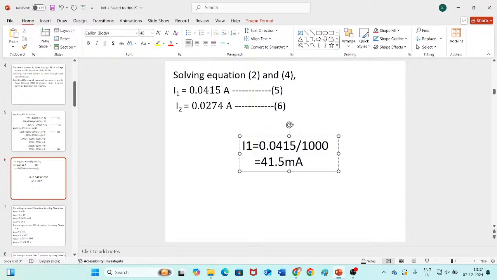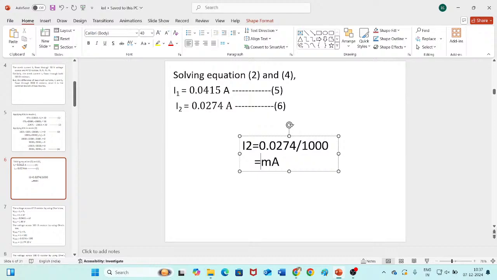Similarly, if you want to determine I2 current in terms of milliamperes, this is in amperes, isn't it? So the milliampere value is 0.0274 divided by 1000. You will get 27.4 milliamperes.